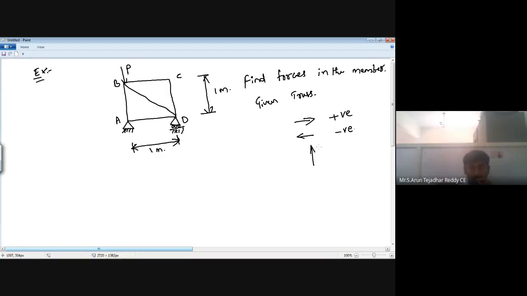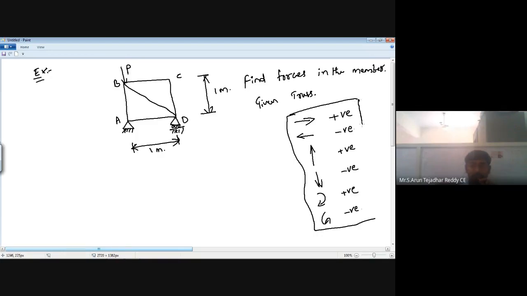All upward forces are taken as positive, and all downward forces negative. Clockwise movement is taken as positive, and anti-clockwise movement negative. Before solving any kind of problem, this is very important.